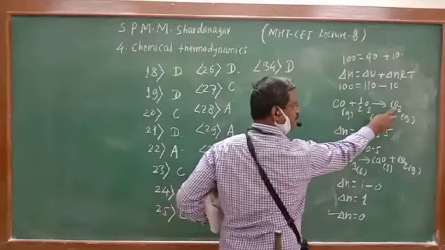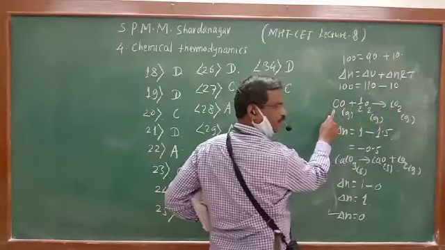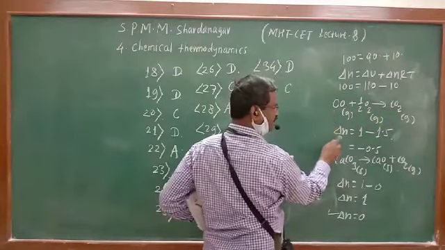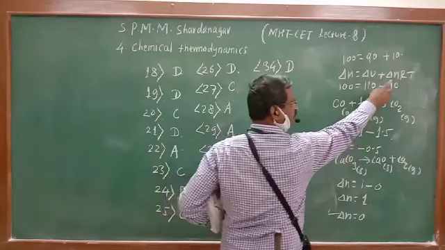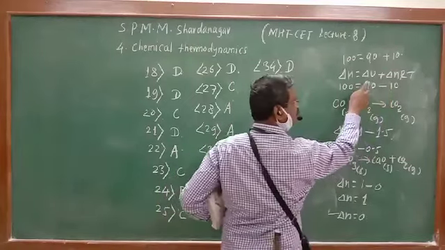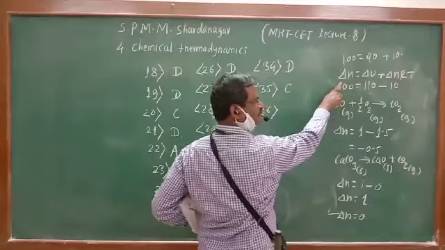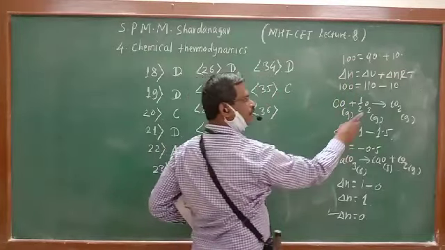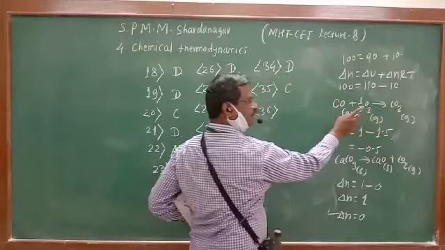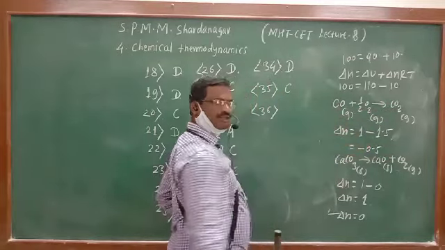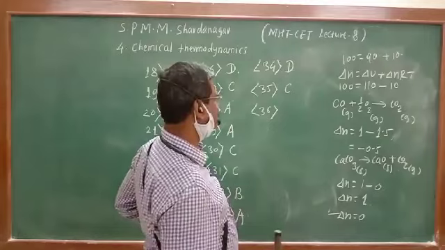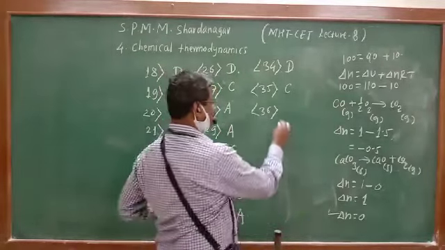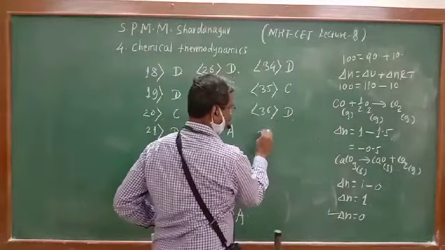The number of moles of product is 1, reactant is 1.5, this delta N is minus, therefore this will be minus, so delta U is greater than delta H, or delta H is less than delta U whenever the number of moles of product is less as compared with the number of moles of reactant. So the last option is correct.